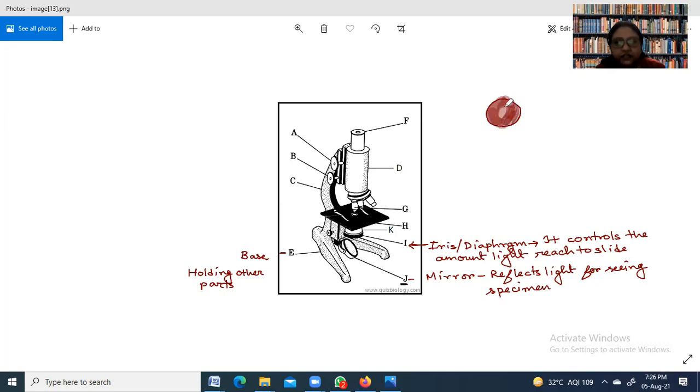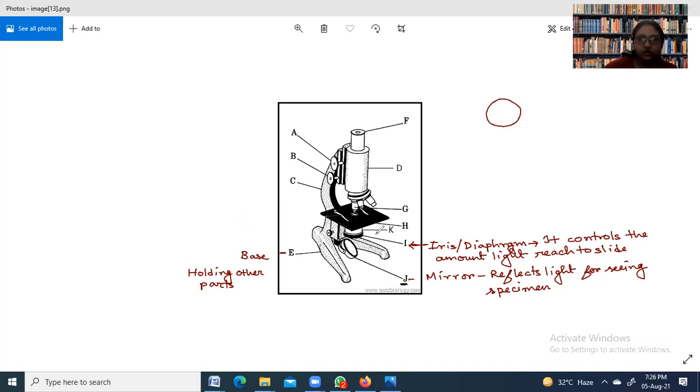If it is completely closed, no light can enter. And if it is completely open, the highest amount of light can enter. So this is a thin membrane which you can control. There is a knob. I will show you a very wonderful video after this, which will show you the 3D structure of the microscope. By twisting it, you will have a good idea about it.